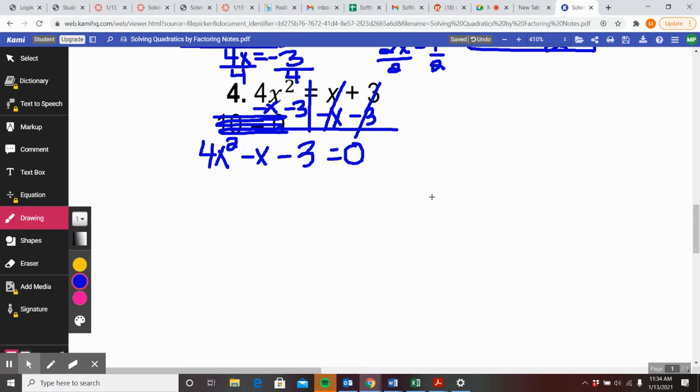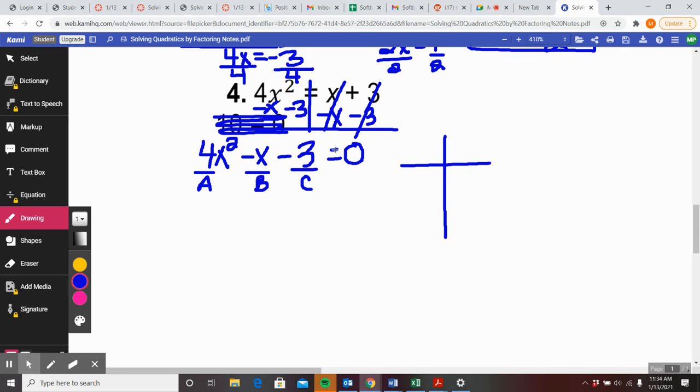Okay, so I moved everything to the left. Now I do what I've been doing, okay? So you label A, B, and C. And then we draw our T-chart.